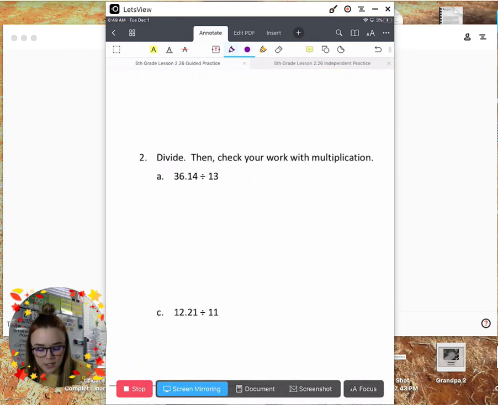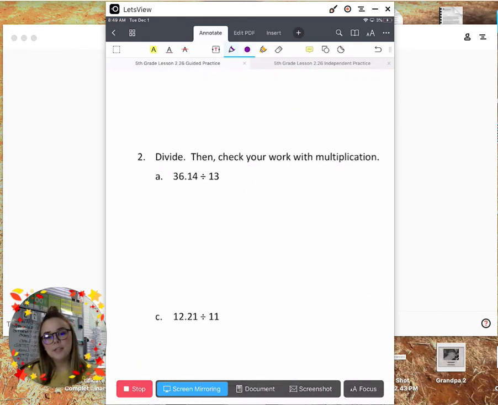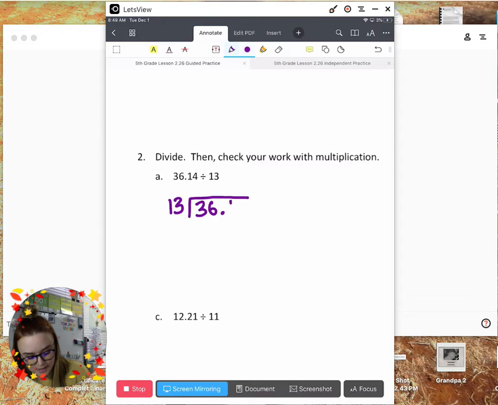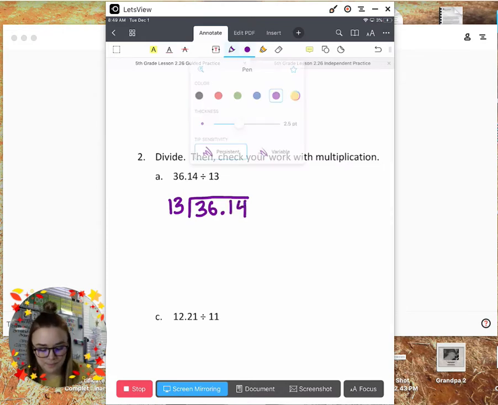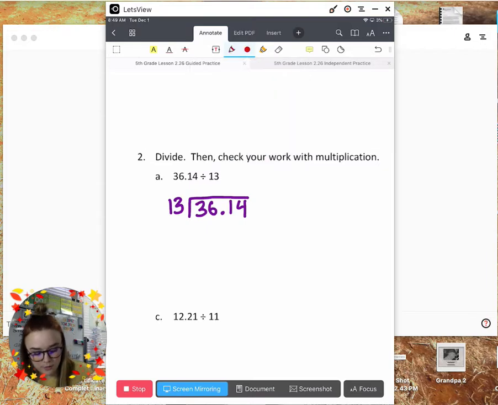So if we take a look at 2a, we have 36 and 14/100 divided by 13. So we're going to set up our equation. So we have 13 on the outside, and 36 and 14/100 on the inside. We're going to float our decimal up to the top, and then we can start dividing.